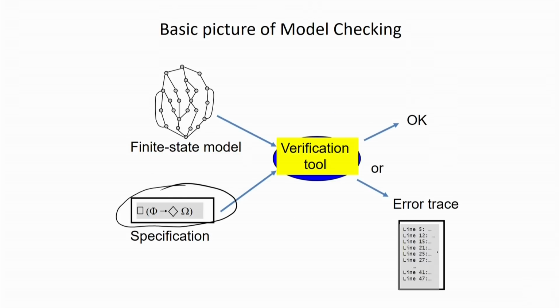It may happen that we have several transition paths from this particular state. If the property is not satisfied in this particular transition, then it will give us this error trace. That means if we are moving from the state in this particular path, then the given property is not satisfied.